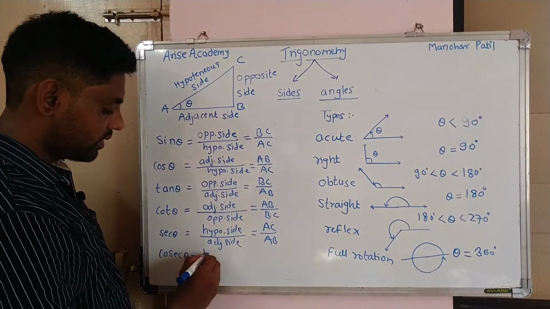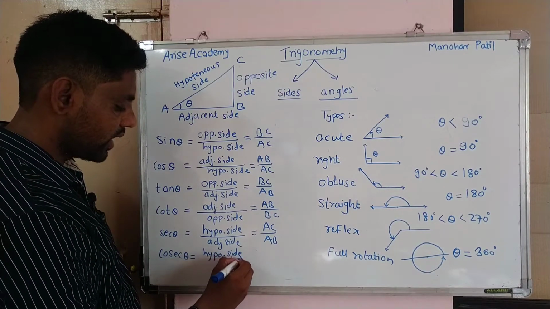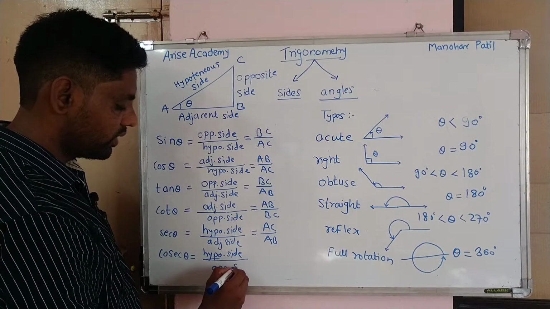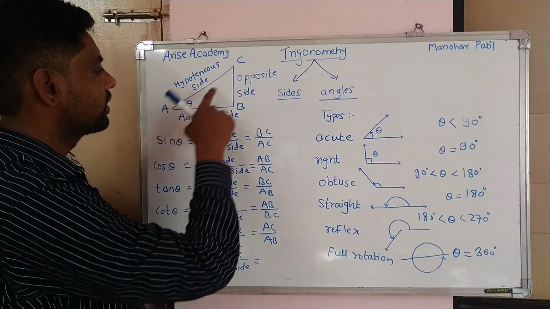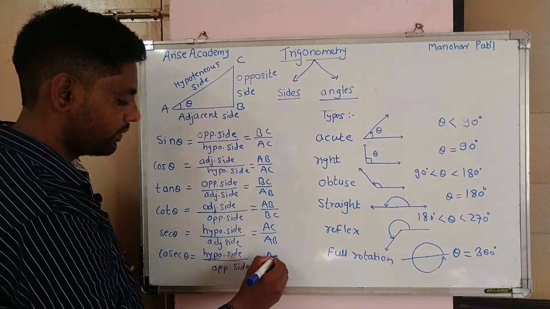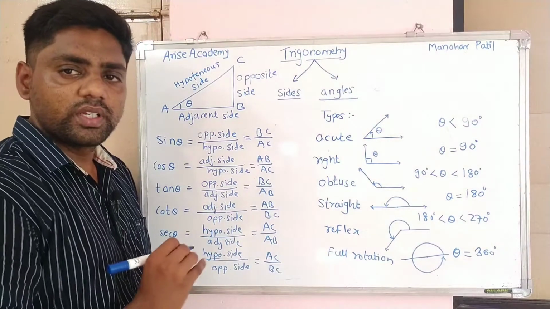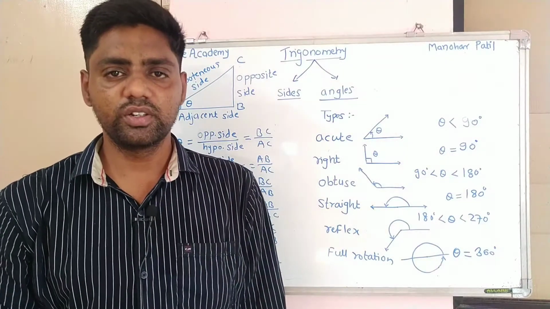So from the triangle we get AC upon BC. In such a way we can find the value of trigonometric ratios.